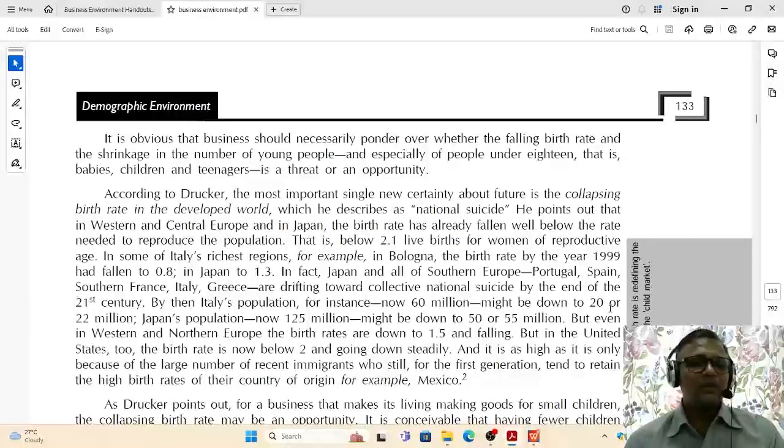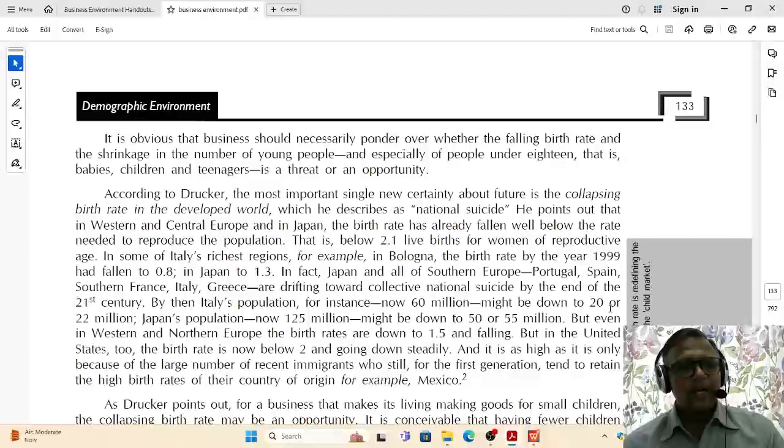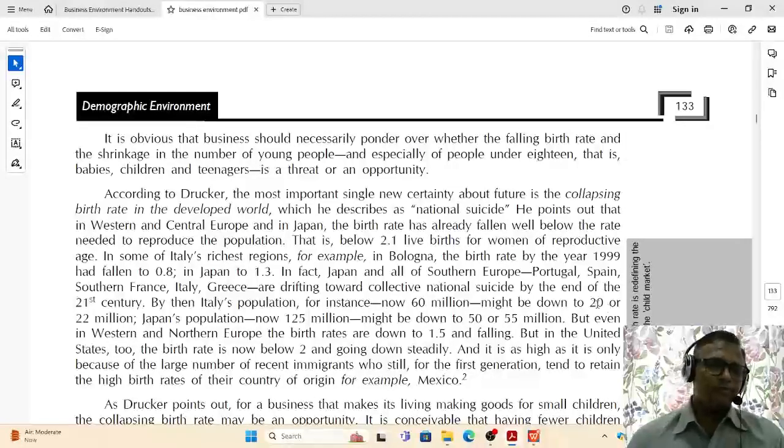Even in Western and Northern Europe, the birth rates are down to 1.5 and falling. In the United States too, the birth rate is now below 2 and going down steadily. It is this high only because of the large number of recent immigrants, who in the first generation tend to retain the high birth rates of their country of origin, for example, Mexico.